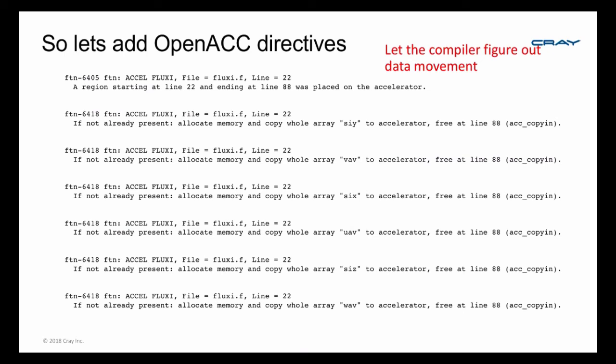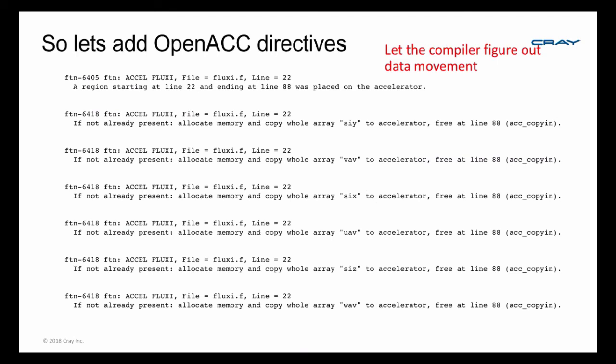Now, in order to get that to work, it is going to copy all of these arrays over there, and then some of them will be copy out or copy. Copy is in and out, and copy in is just in. So, this is going to run on the accelerator. It's not going to run very fast because of the overhead for moving the data.